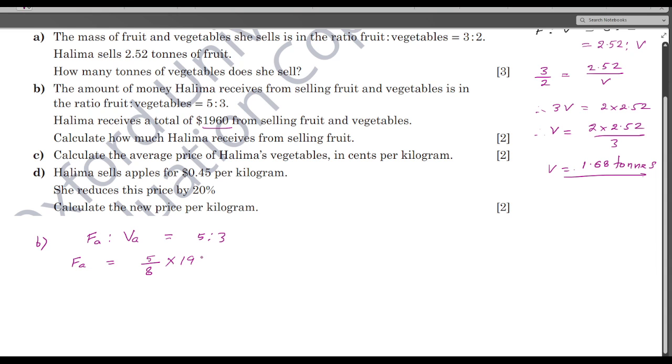So from fruit she will receive 5 divided by 8 times 1960. So 1225.